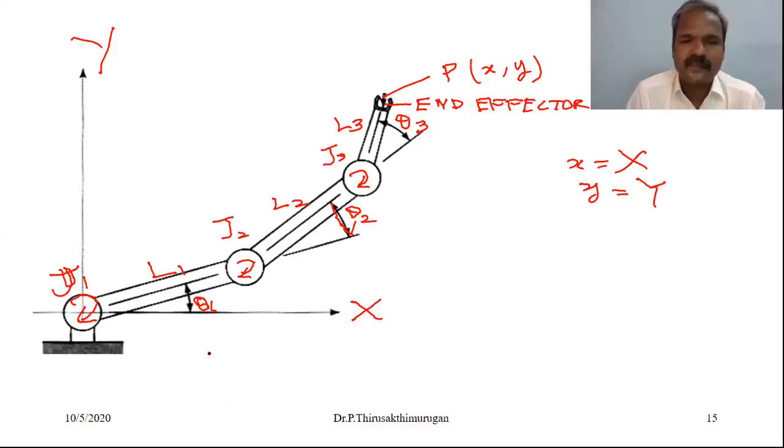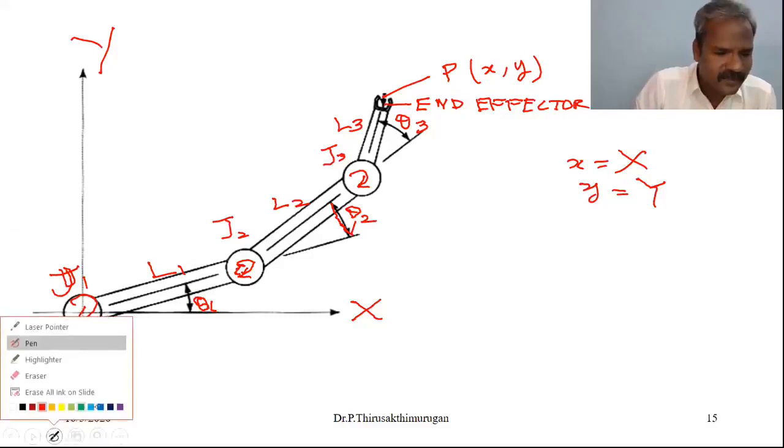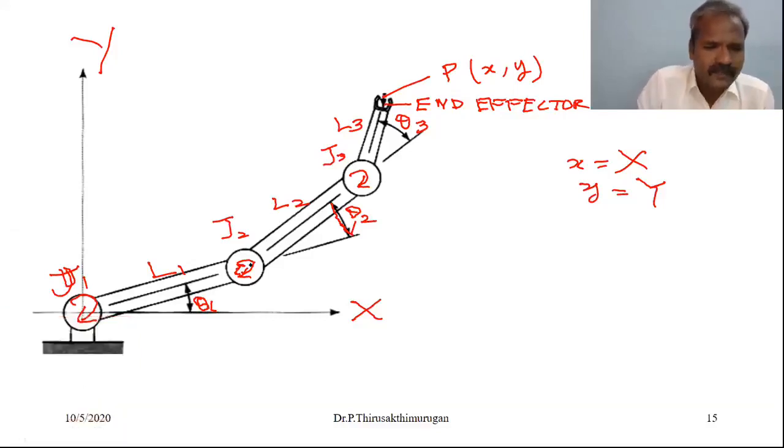So this is a planar robot. First, you split it into three right angle triangles. Consider this one triangle. Another right angle triangle is for the second joint.